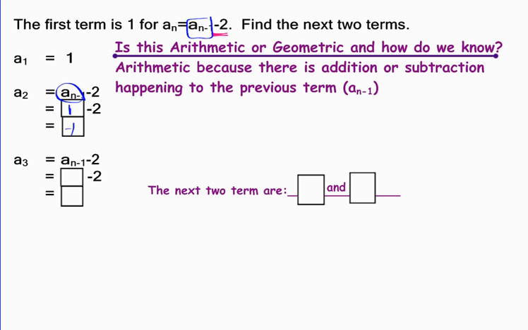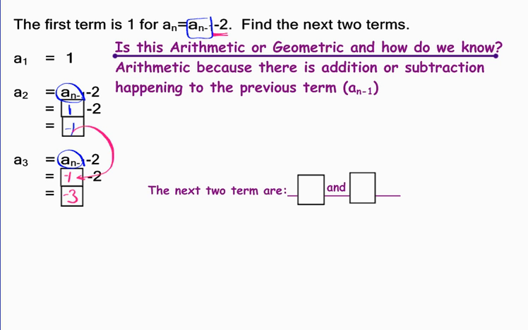Remember, a sub 3 is the third term in my sequence. So I'm going to replace this a sub n minus 1 with this answer, negative 1. So now I can find my next term, which is going to be negative 3.